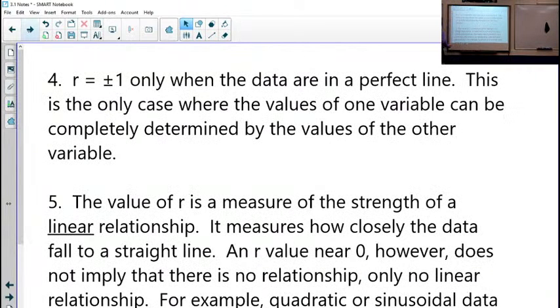Some more things. Like I said, if we are at +1 or -1, then that means we have a perfectly straight line. Every point in the scatter plot is on the line.